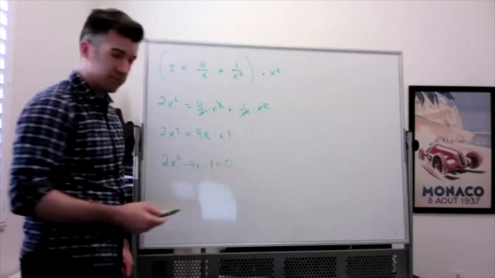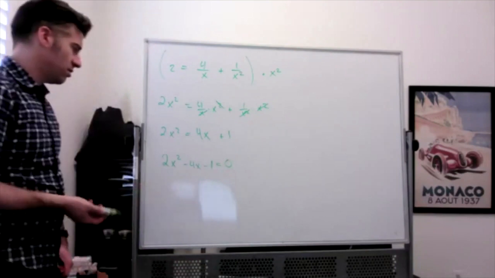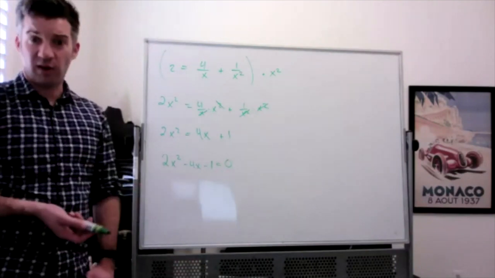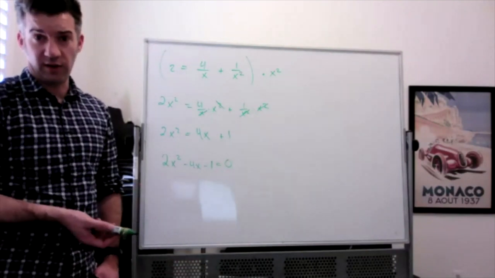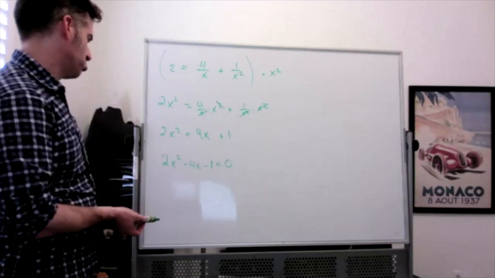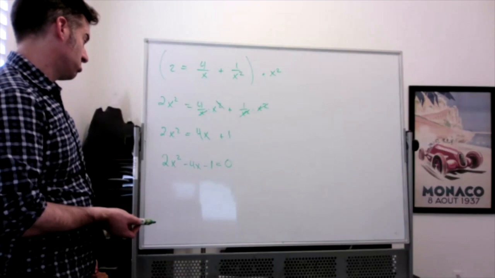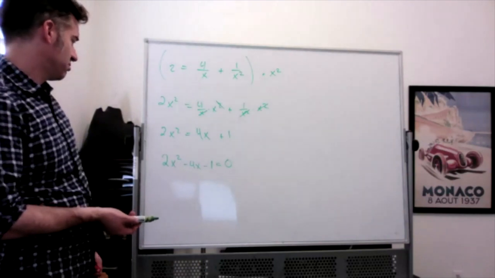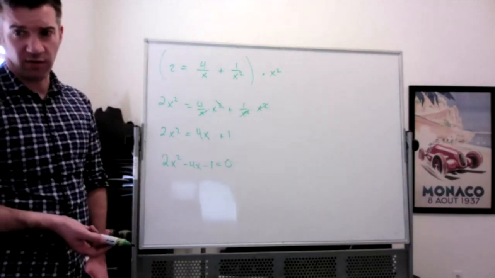is equal to 0. And then I don't think we've talked about the quadratic formula yet, so we could try factoring it. Does this factor? I don't think it does. Maybe we'd have to use the quadratic formula.